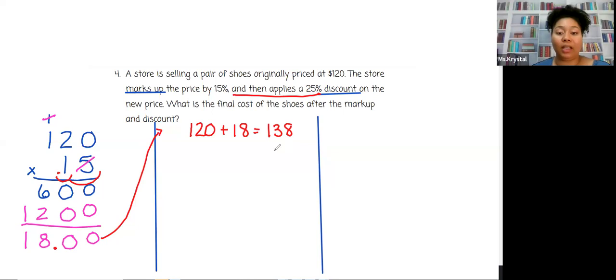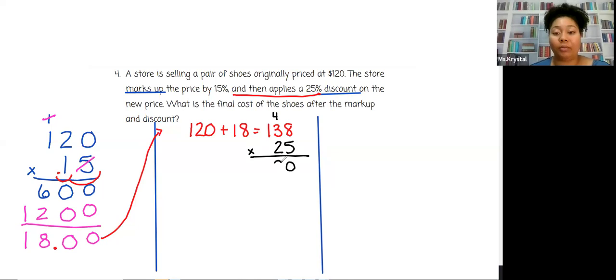So we're going to do the same thing. And I know my numbers are kind of bunched up here, but bear with me. I'm just using the same numbers. We're going to multiply it by 25% or 0.25 or just 25 because we're taking off the decimal. 5 times 8 is going to give me 40. Put down the 0, regroup the 4. 5 times 3 is 15, plus 4 is 19.